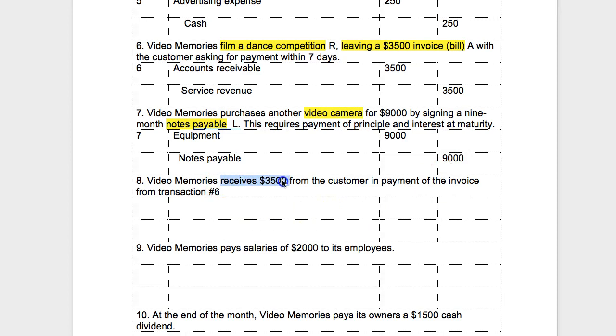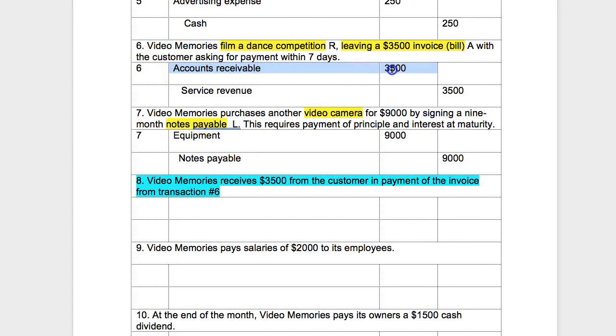Okay, receiving cash from the customer in payment of the invoice from transaction 6. So this one here, and I'll highlight that a different colour, this one relates up here to transaction number 6.